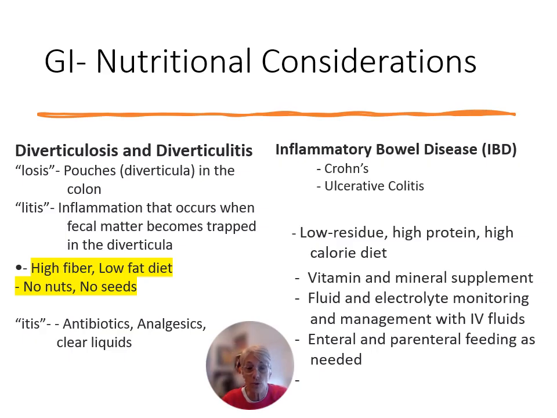We also would do some pretty major vitamin and mineral supplements, especially with this diet, right? Making sure that we keep an eye on the fluid and electrolyte balance. We may need to give supplemental feeding for them if they're having an inflammatory bout. We might need to go to parenteral through the IV feeding, or even do an enteral feeding that we would be able to manage exactly what they put in their body.